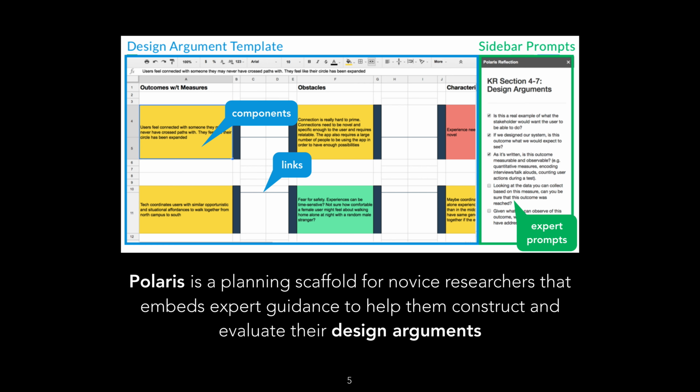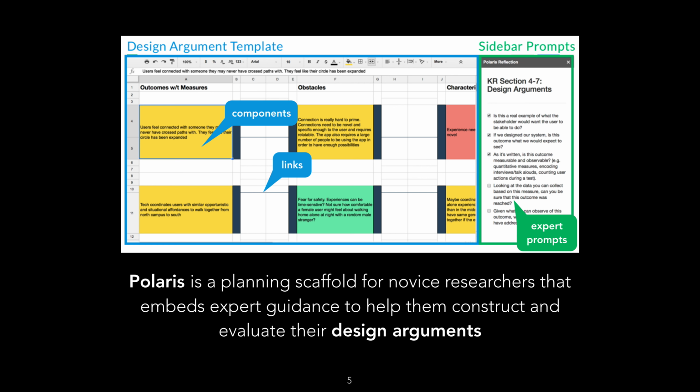It also provides these visual links that emphasize to students that your obstacles should really be related to your outcomes, and your characteristics should be written in such a way that they are addressing the particular obstacle that a user is facing. And in addition to the template itself, within Polaris we also include sidebar prompts, which you see on the right-hand side.